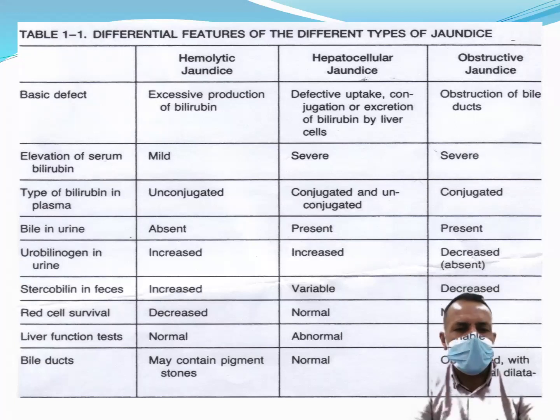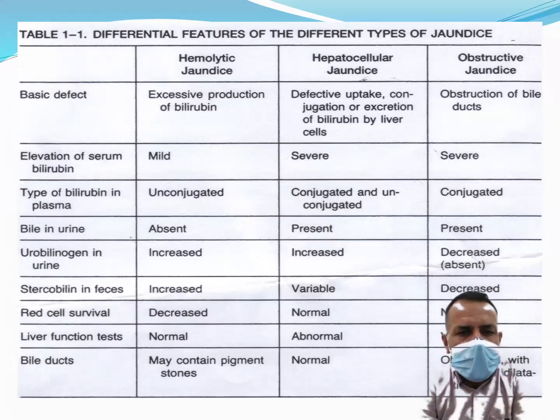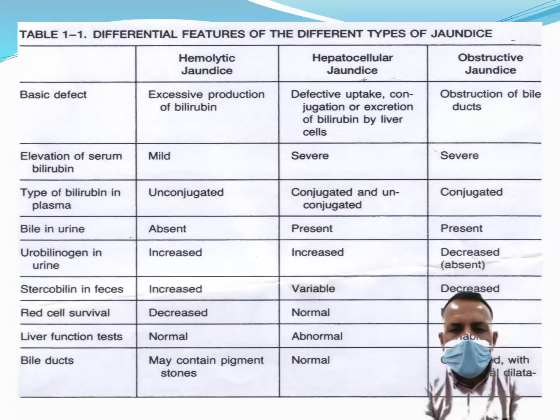The plasma bilirubin is unconjugated in hemolytic jaundice, while conjugated in both obstructive and hepatocellular jaundice. Bile in the urine is absent in hemolytic jaundice, but present in hepatocellular and obstructive jaundice.